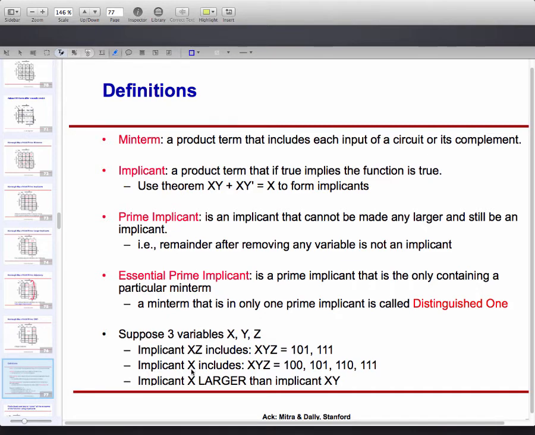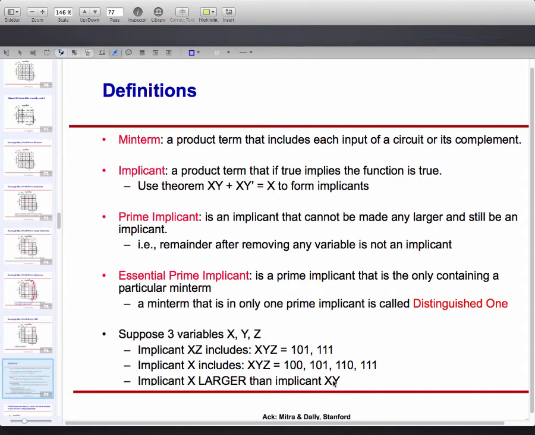If x is an implicant, then this x covers 100, 101, 110, 111. All the other combinations of y and z are possible. Implicant x is larger than implicant xy because x covers more vertices, or more cells in my Carnot map, than xy does.